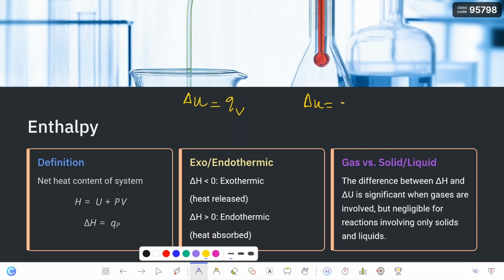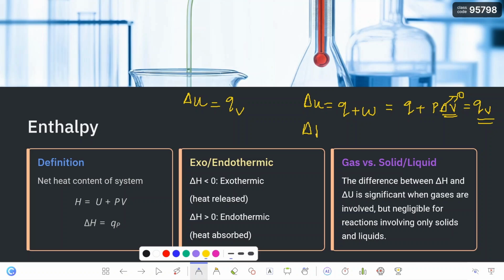Delta U is equal to Q plus W. If this one is carried out at constant volume, what will happen? W is minus P delta V. Suppose this delta V is 0. If it is carried out at constant volume, it will be equal to QV.